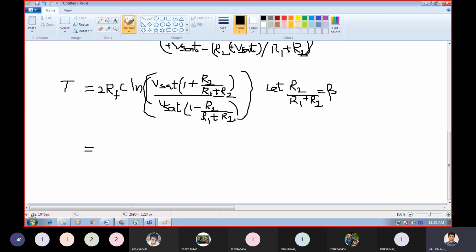Total time required for one oscillation is 2 RF into C ln of, here the V saturation is going to cancel, so no need to write it, 1 plus beta by 1 minus beta.